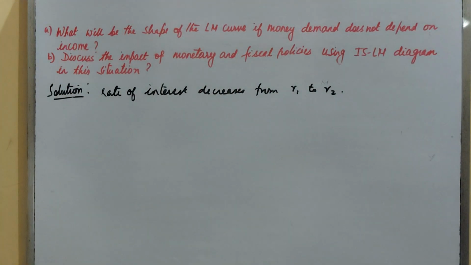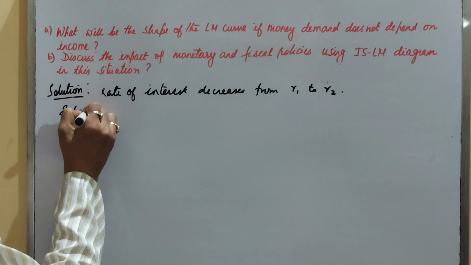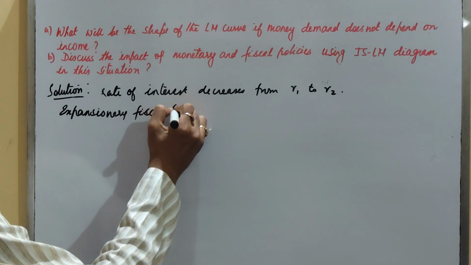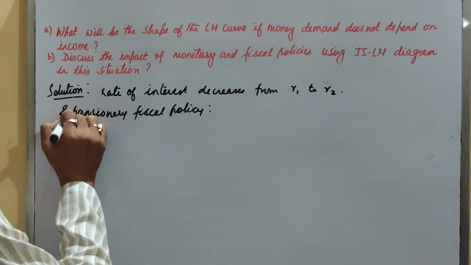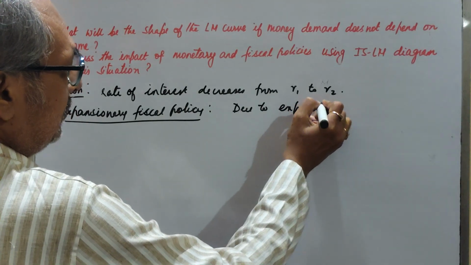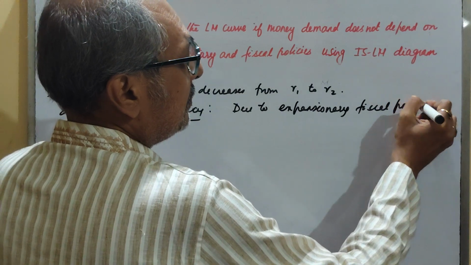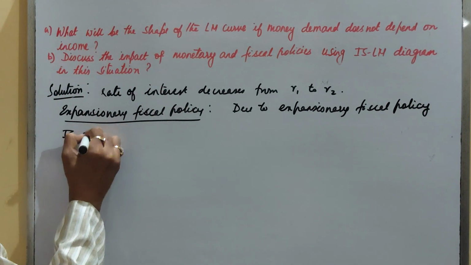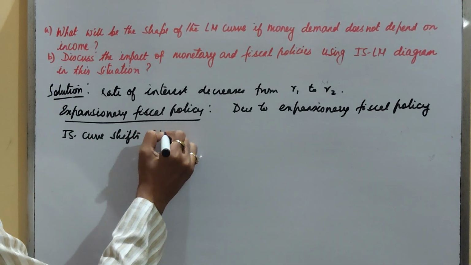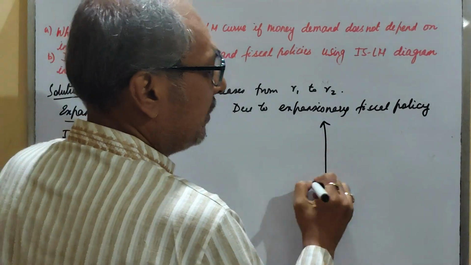Due to expansionary fiscal policy, the IS curve shifts rightward. I am drawing the graph.